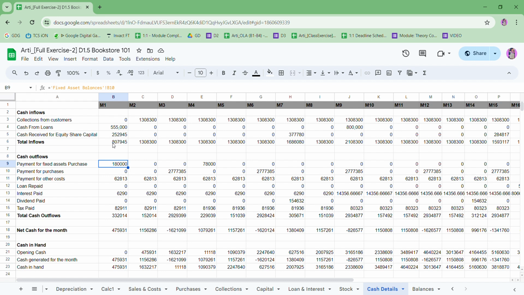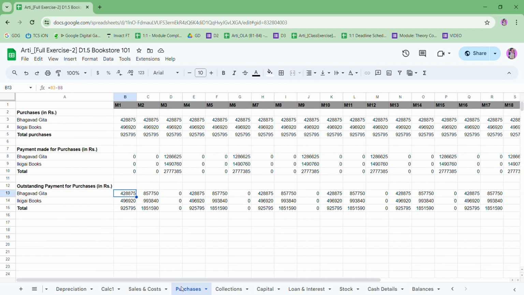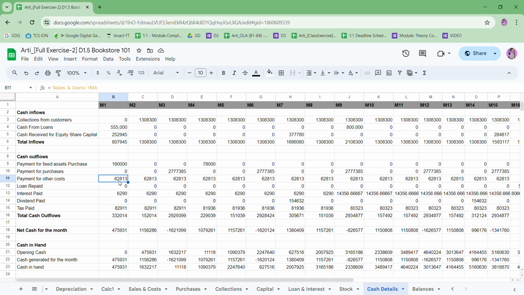After that, total cash outflow has been calculated. Payment for fixed asset purchase is referenced from the fixed asset balances. Payment for purchases can be seen from the purchase sheet, which we have calculated by deducting. You can see here. Next, payment for other cost, which we have referenced to the sales and cost sheet, then loan repaid, interest paid, and dividend paid. All these three have been provided from the loan interest sheet and capital.